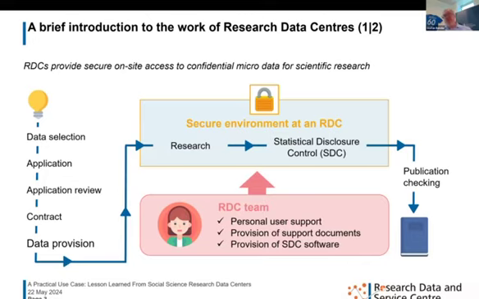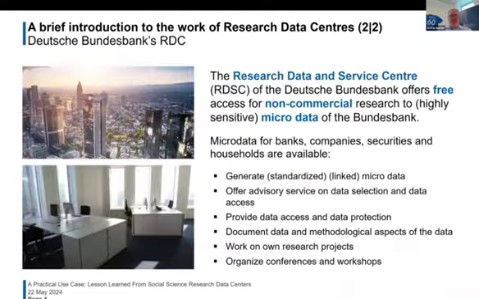Before the results come out, there's a statistical disclosure control, and for some research data centers a publication check afterwards. Of course, the research data center team supports the researcher in all of these steps, and that is how this system works.